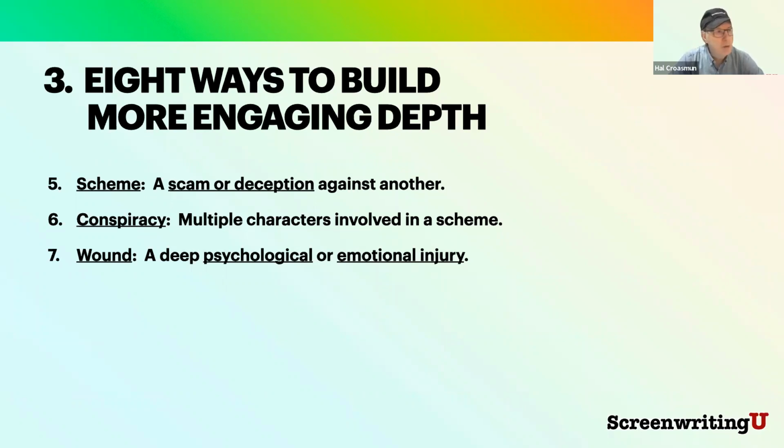When somebody has a wound, a lot of times it dictates some of the things they'll do, but especially the things they're staying away from. And when they get in a situation where that wound is triggered, suddenly they're acting like a very, very different person. So having a great wound for your lead characters is incredibly valuable.